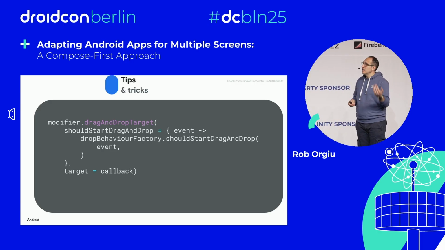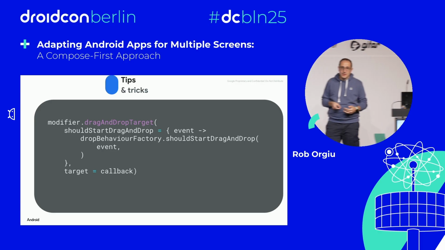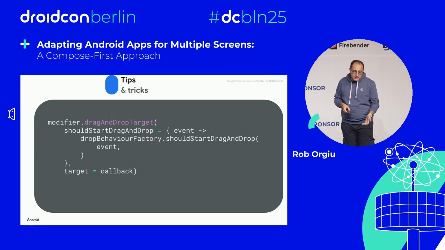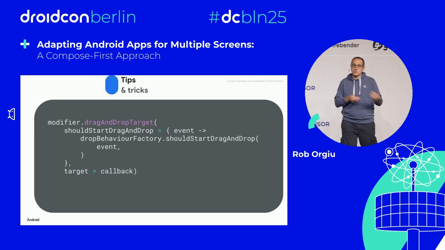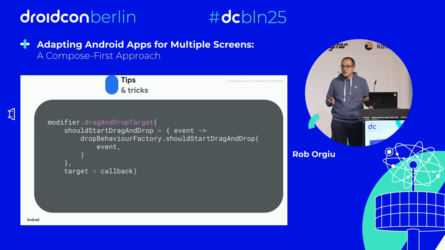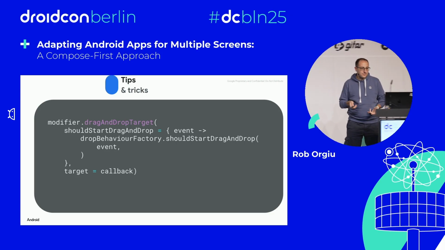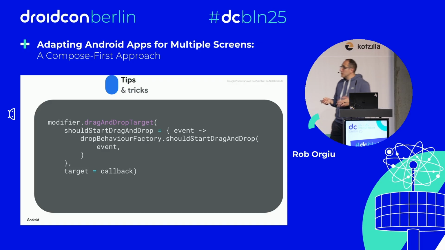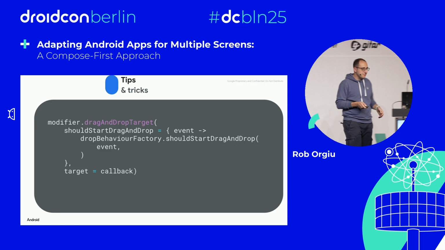So in this case, it will return true only if the dropped file is an image. And then, for the target, we'll invoke our callback, which is what we just created. So the interface with the onStarted, onEnded, and onDrop. OK? And that's all of it. If you want to see all the code, it is inside the Androidify repo.